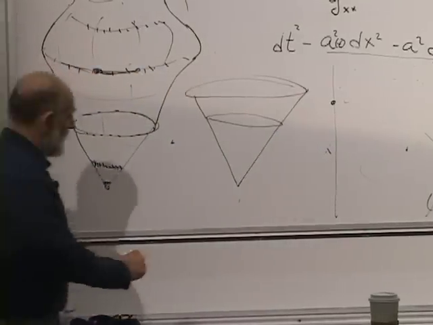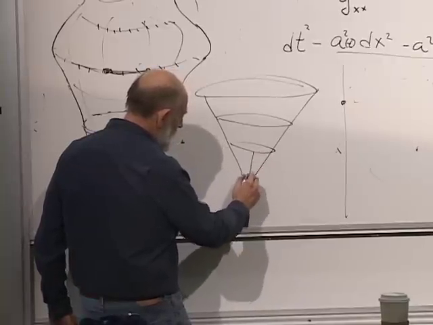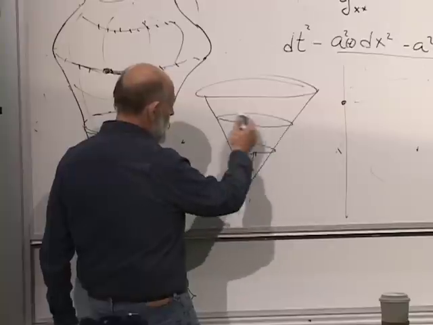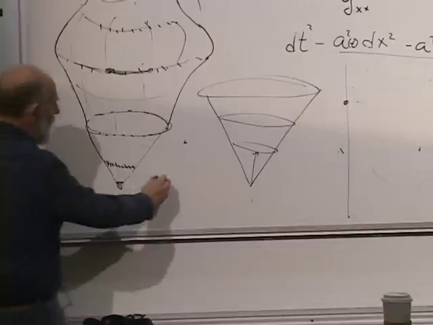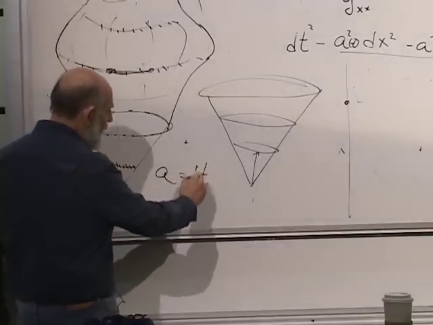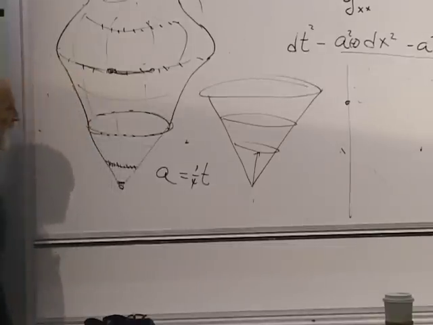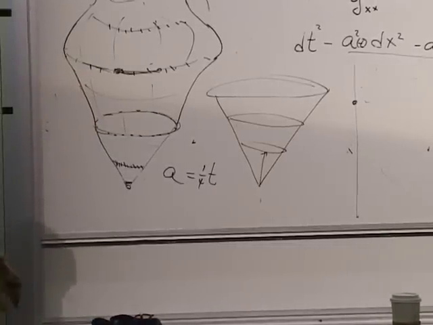You double the time, that means double the distance along here. You double the size, so that means A is proportional to time. Again, a quarter, a fifth, a tenth, whatever. The scale factor is proportional to time.